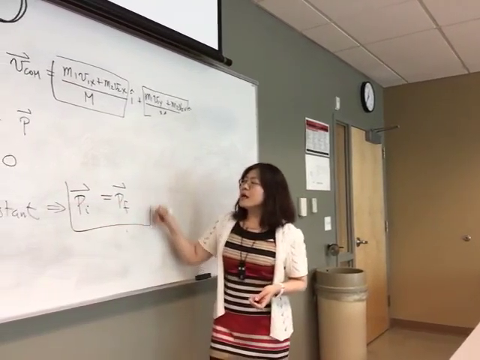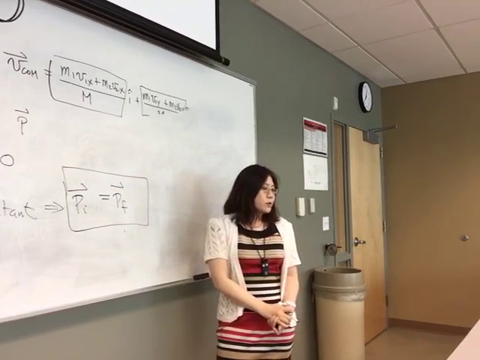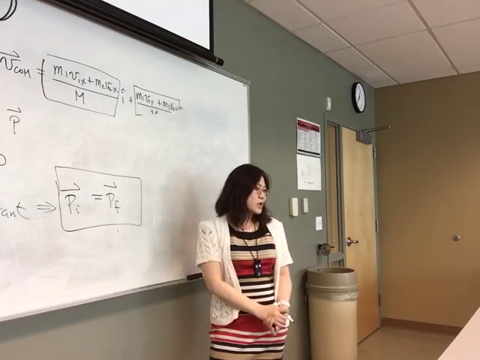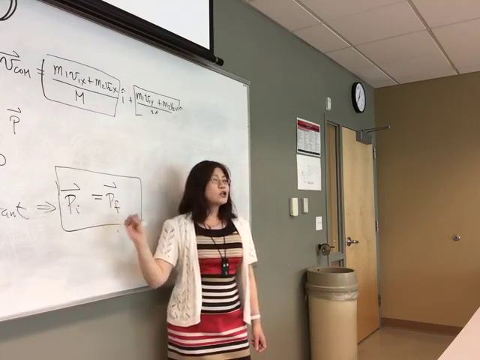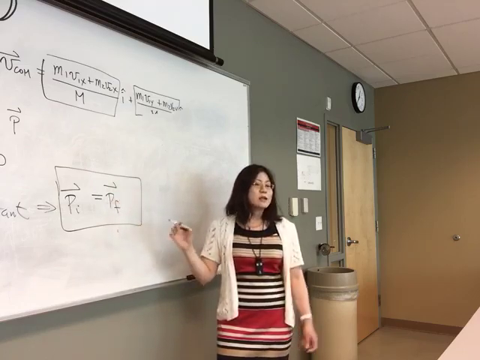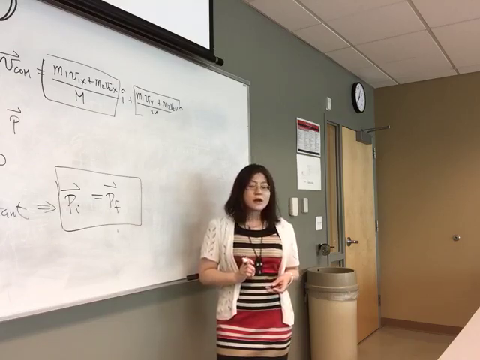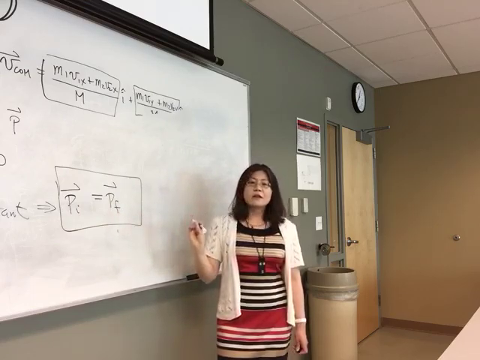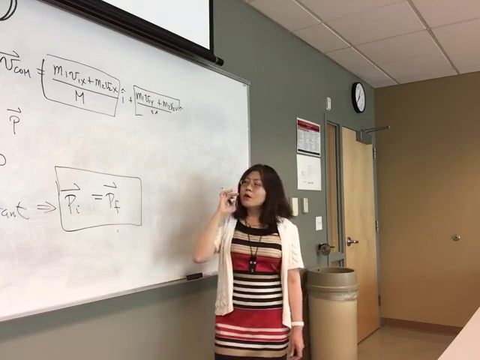So again, this equation looks very simple, but the application can be tricky because you really have to understand the problem to see which part you take as an initial state, which part you take as a final state, and during what processes linear momentum is conserved or not.